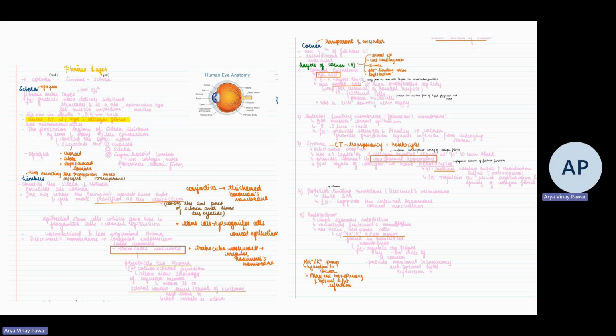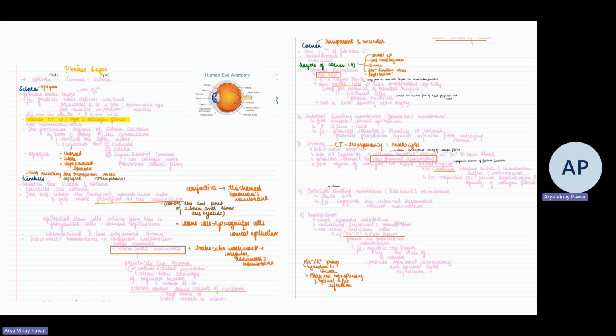So we're going to go from posterior to anterior. The sclera is rather opaque. It is a fibrous outer layer, and it contributes to about the posterior 5/6 of the eye itself, and it is a very delicate structure.